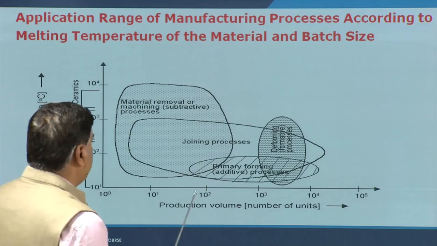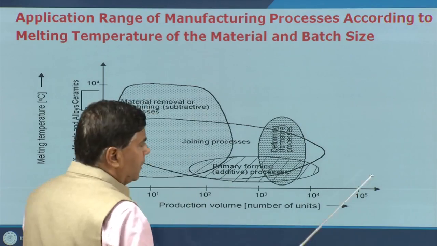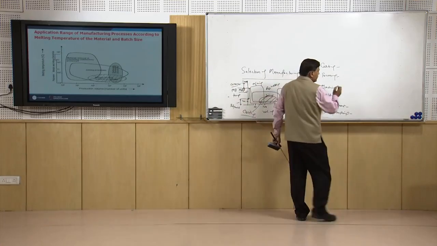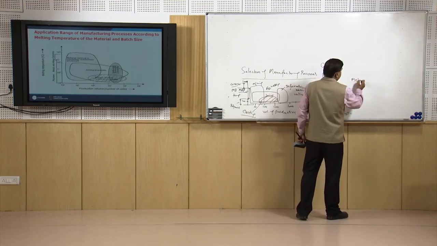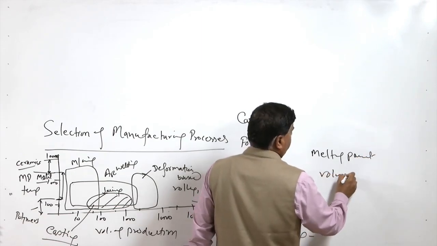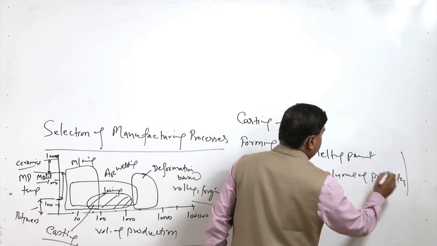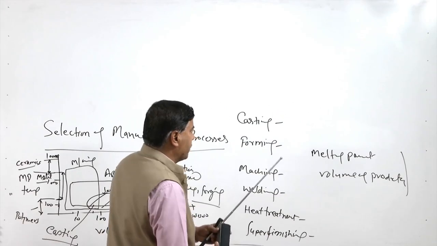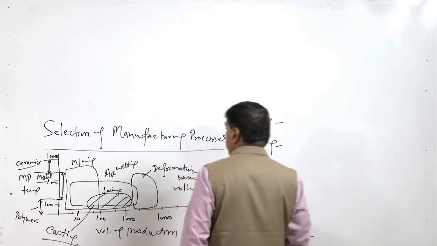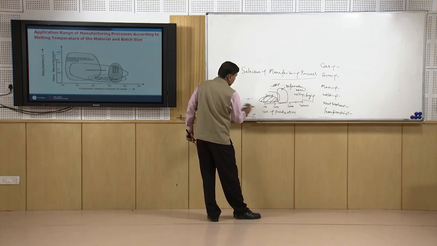So, for the low melting point systems and for joining, this is how the selection is based. The properties are basically the melting point and the volume of production. These are the two things that govern the economics as well as the properties of the material, and help in deciding the processes to be used for manufacturing a product.